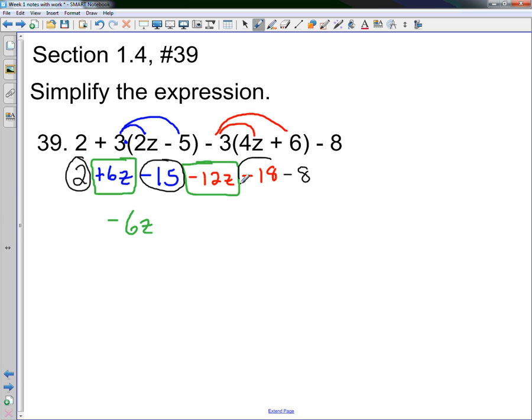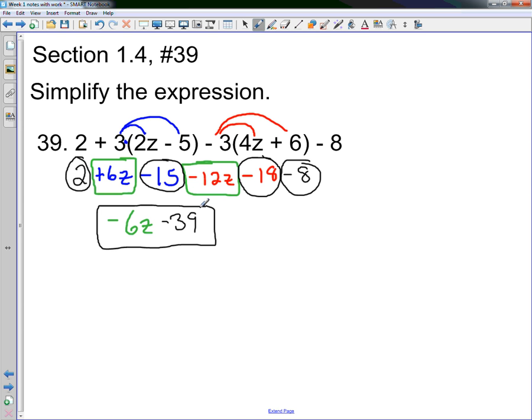Minus 18 gives me a negative 31. Minus 8 gives me a negative 39. So you add 4 to combine there. If you needed to do them one at a time, you could. Just take your time, write as many steps out as you need to. It'll be good when you get to that quiz to have the extra steps.